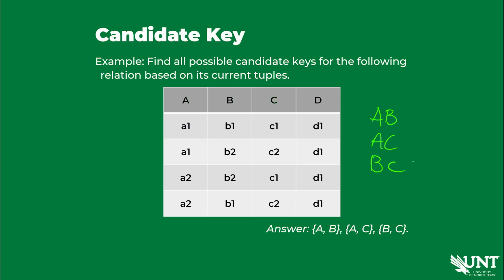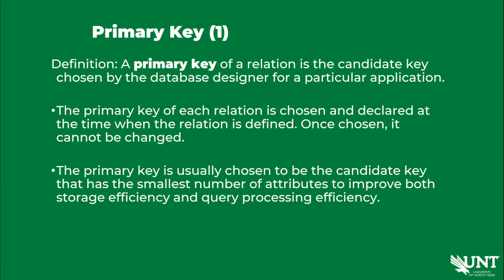So there are three. Now, when we define tables for our system, we will have to create a table, and we're going to have to specify one of them to be the primary key. So that's what I'm calling candidates. I had three candidates. From those, I, as the database administrator, had to make a decision. I had to decide which one of those three will actually be the primary key for the application.